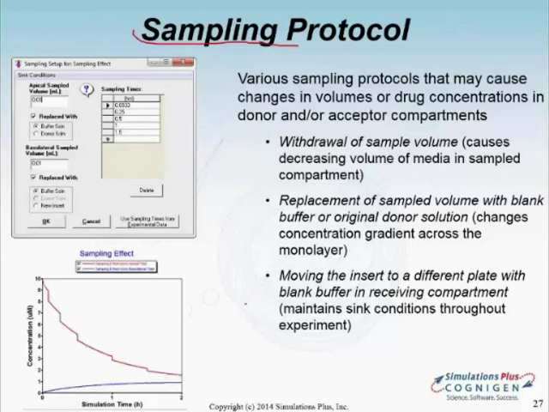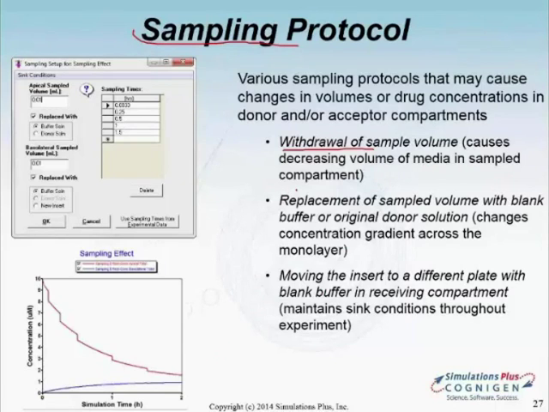So if you are doing multi-point measurements and you are making a simple withdrawal of the sample volume, which you might be able to do with large volumes on either apical or basolateral compartment, of course you are changing the volume of the media, which would be affecting your concentration gradient. And if you are decreasing the volume of media in your receiver compartment, you may be actually slowing down the permeability as the experiment goes.